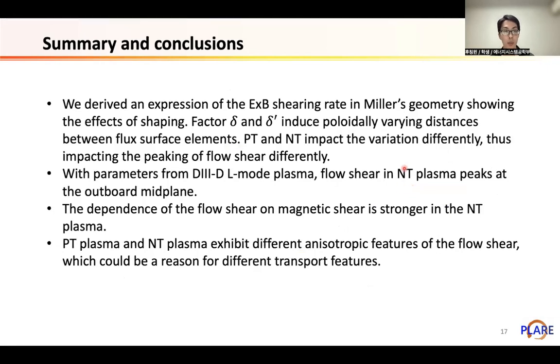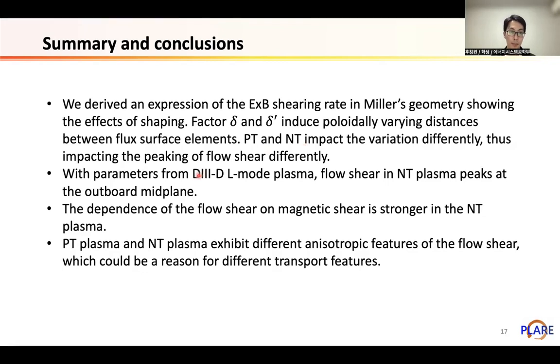So in summary, we derived an expression of the flow shearing rate in Miller's geometry. It shows the effect of shaping. And the triangularity, including its gradient, induces poloidally varying distance between flux surface elements. PT and NT impact the variation differently, so they impact the peaking of flow shear differently.